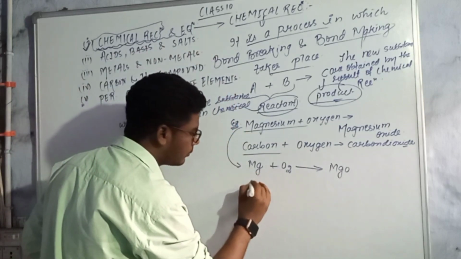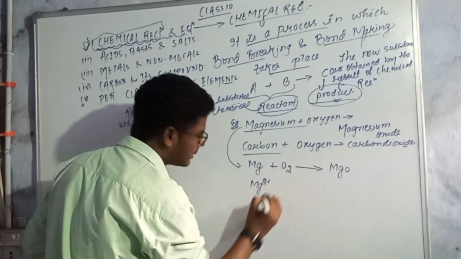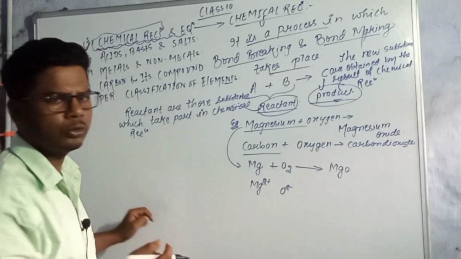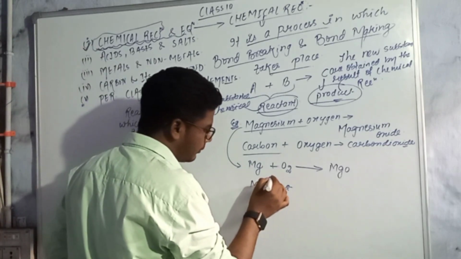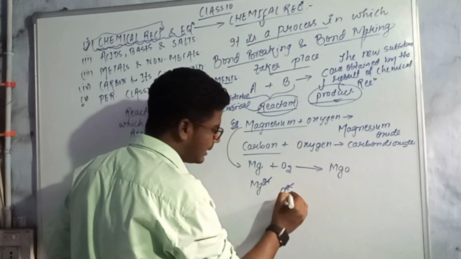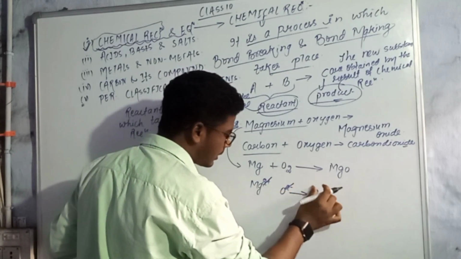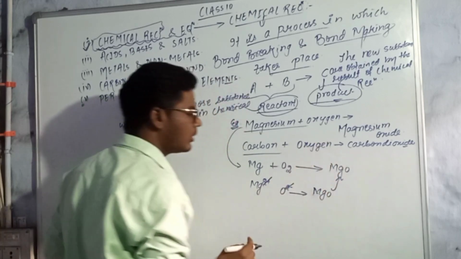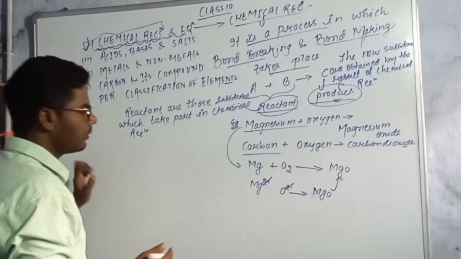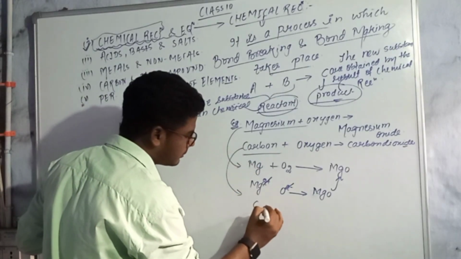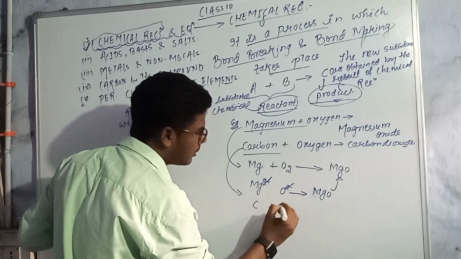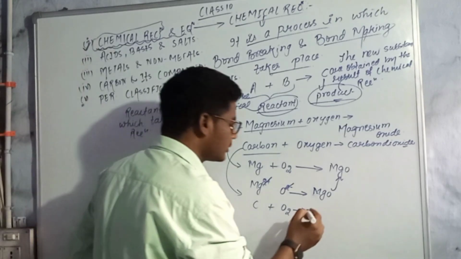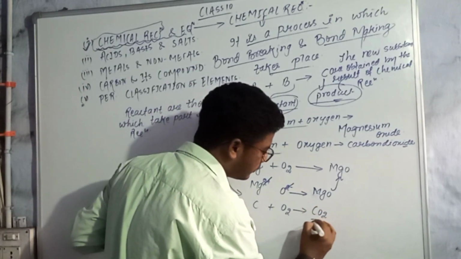We know that the valency of Mg is 2 plus and the valency of oxygen is 2 minus. When the same numbers come they cancel each other and the formula is MgO, which is magnesium oxide. Second equation: carbon, represented by the symbol C, plus oxygen O2, we get carbon dioxide. The formula of carbon dioxide is CO2, as we all know.